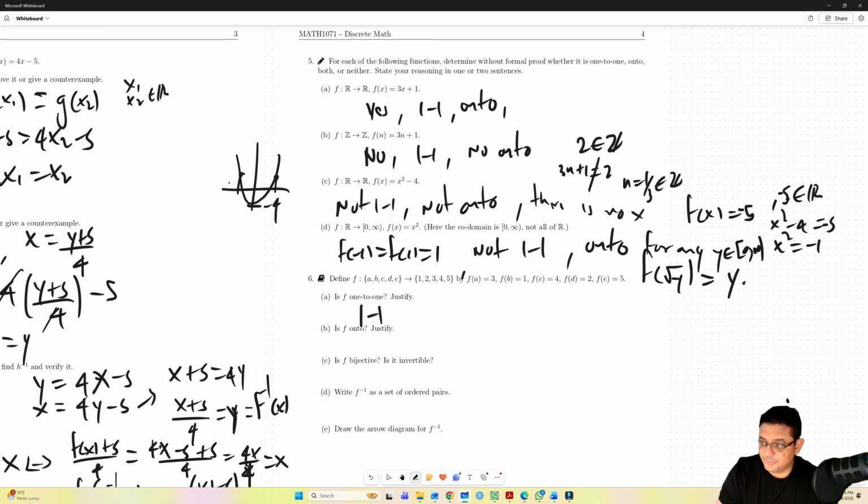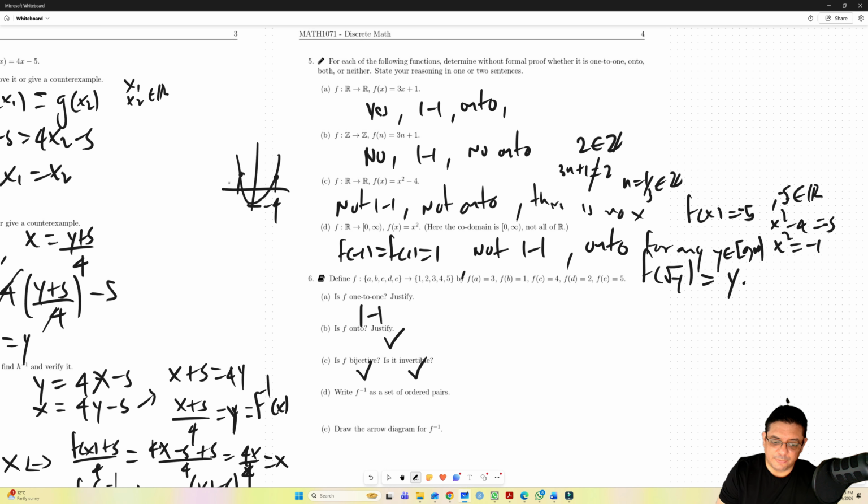Is it onto? Yes. The range, which is equal to the codomain, is hit, so every single element is going to be hit. Because it's bijective, then yes, and is it invertible? Yes. Why? Because I can just go with the inverse function going backwards from each of these elements to the original.